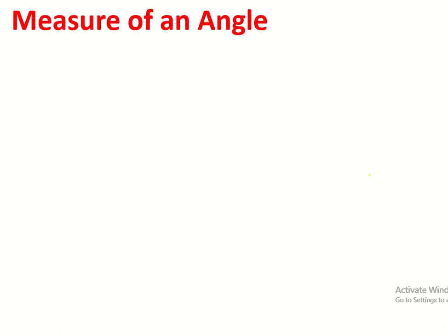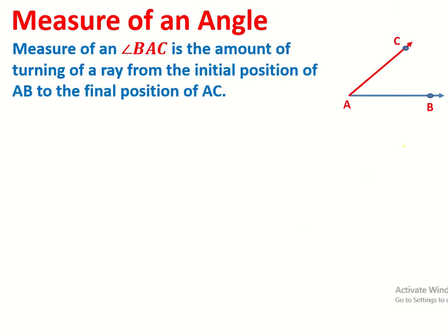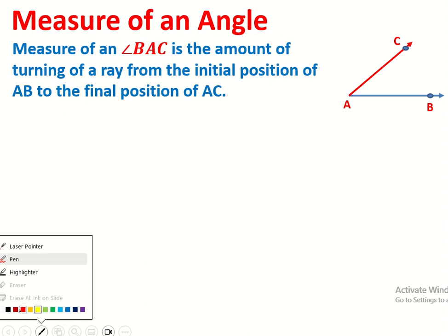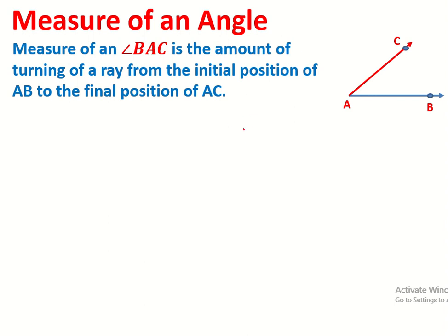Then the measure of an angle. We have this angle BAC or CAB, and the measure of the angle is the amount of turning of a ray from the initial position to the final position.